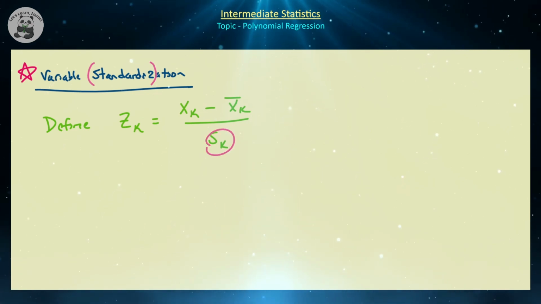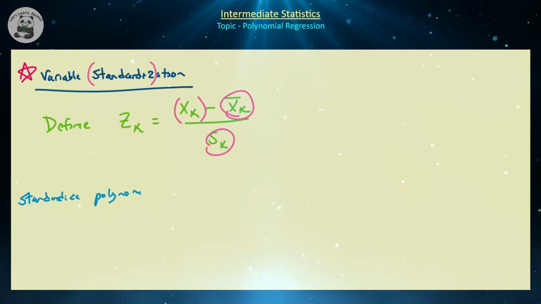Here, these are all constants, and these are element-wise operations on this particular vector, x_k. Therefore, once you standardize each of your predictors, x1, x2 down to xp, then you have what is called the standardized polynomial regression model.